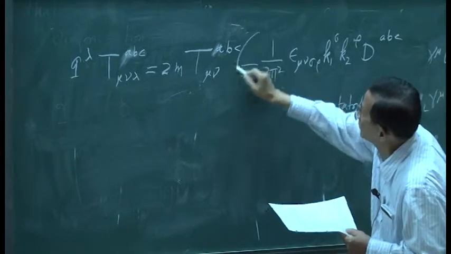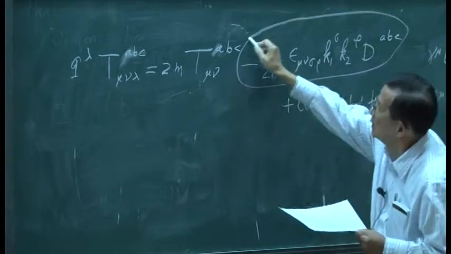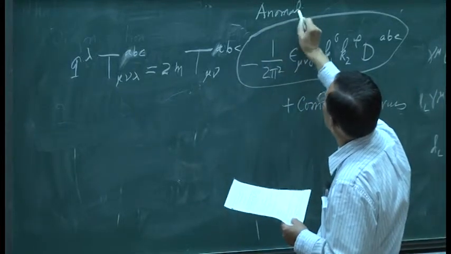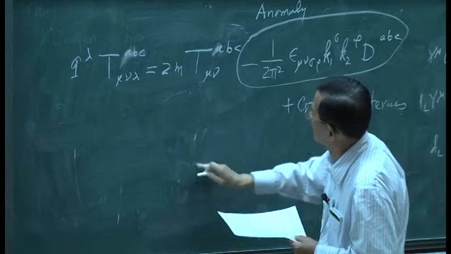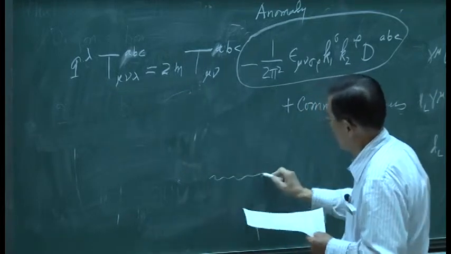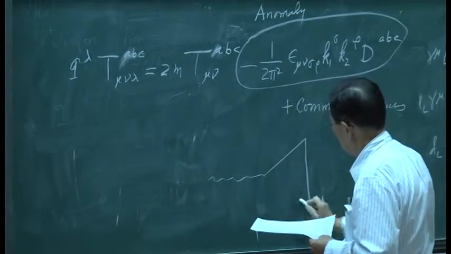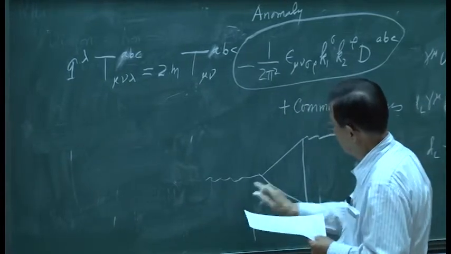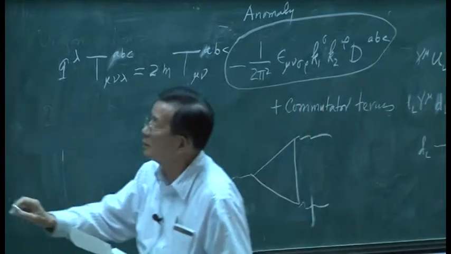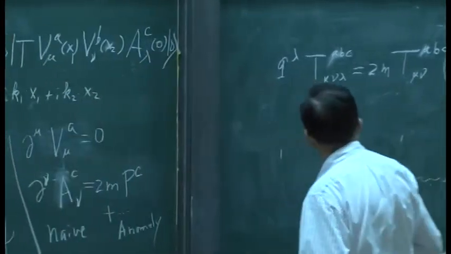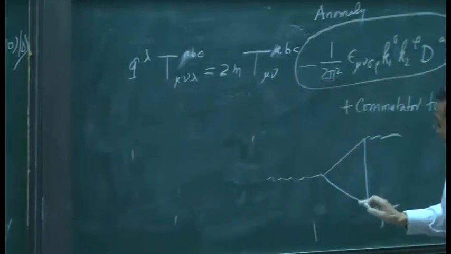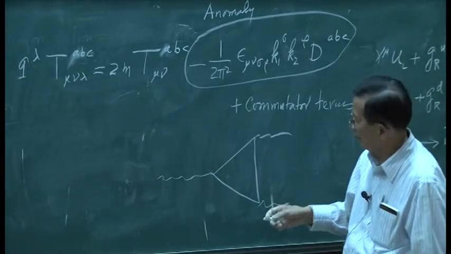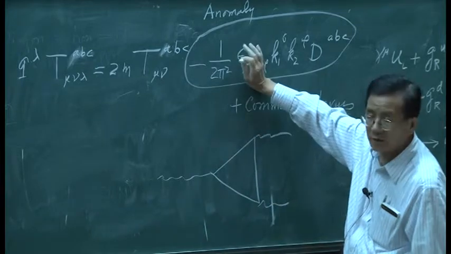The problem is this one. This is called the anomaly. Anomaly means that it's something like this: you have this associated with these three currents, and then you have a triangle here. Now, if you naively do something, it looks like this term is not present.